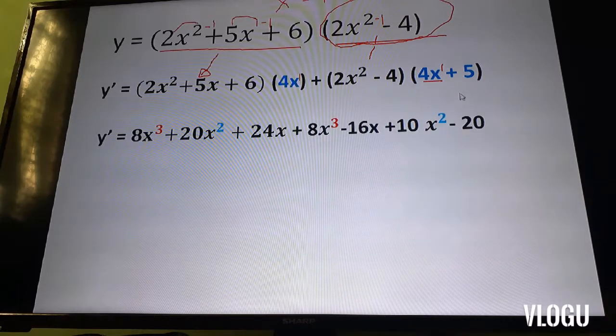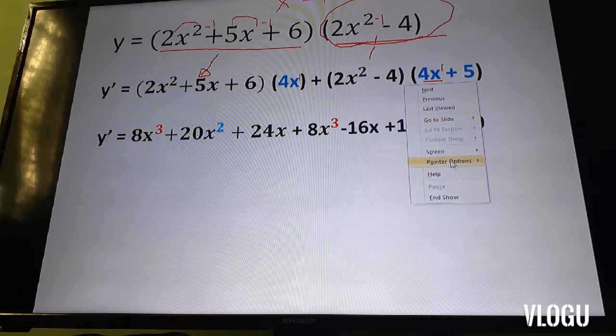Now, since we have already substituted the derivative of the first and the second functions, at this time we're going to simplify or solve the given expressions by distribution or by simplifying the remaining expressions.